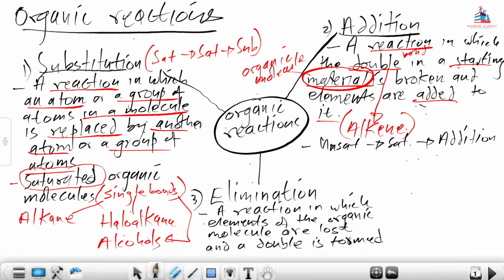That is very, very important. So elimination is a reaction in which elements of the organic molecule are lost and a double bond is formed.